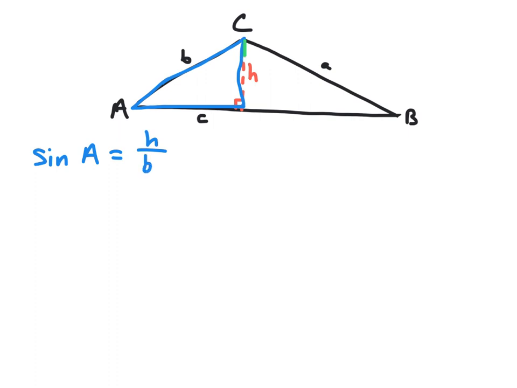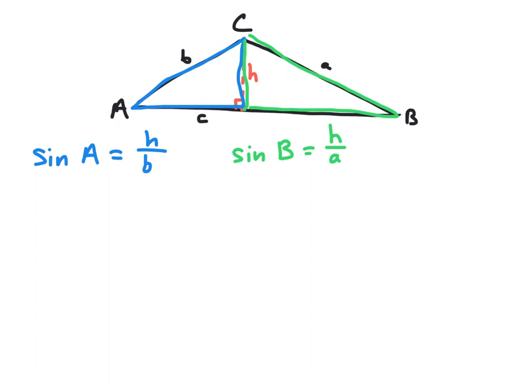We can also look at the other right triangle on the other side of our original triangle. And again, we have this green right triangle, and we can look at the sine of angle B. Using this triangle, we see that the opposite side there is h, and the hypotenuse here is a. So the sine of B is h over a.